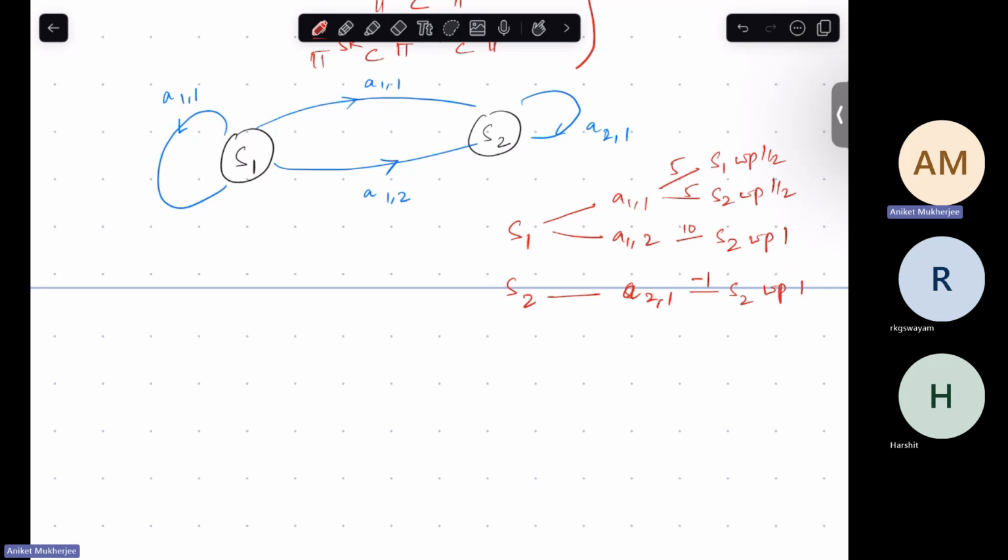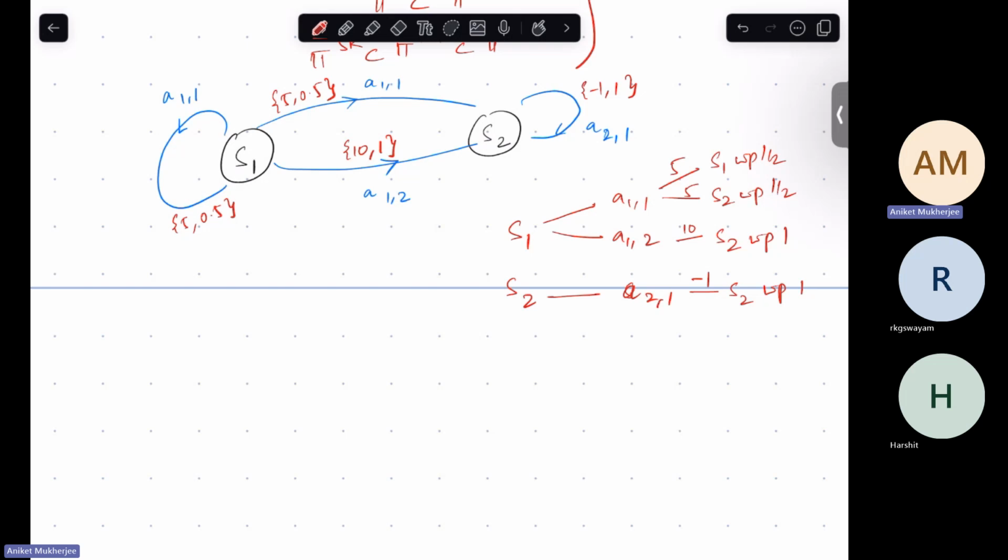Here I get reward 10 and probability 1. Here I have 5 and 0.5, 5 and 0.5, and here I have -1 and 1.